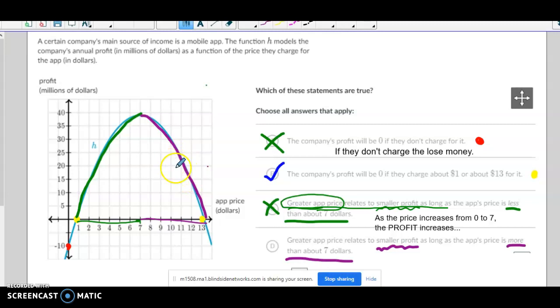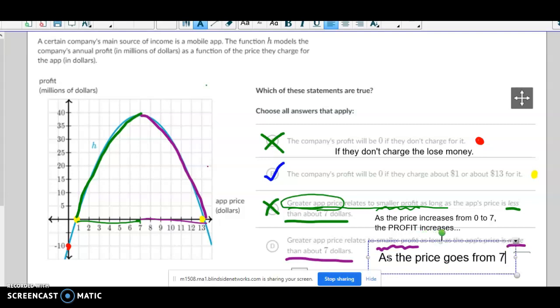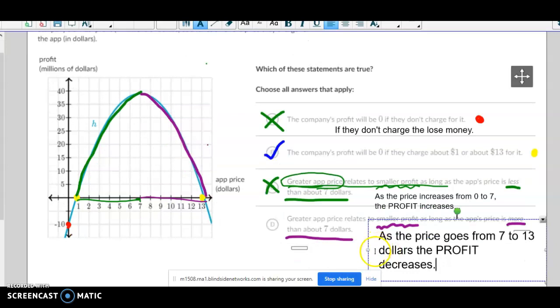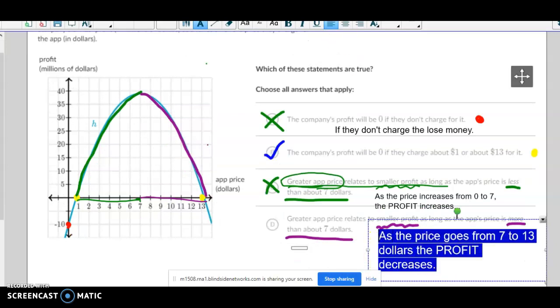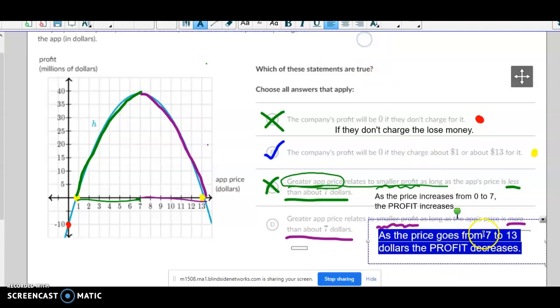The profit's getting smaller, right? So we could rephrase this to think of it another way. As the price goes from $7 to $13, the profit decreases. Okay? So that's kind of how we could rephrase that.